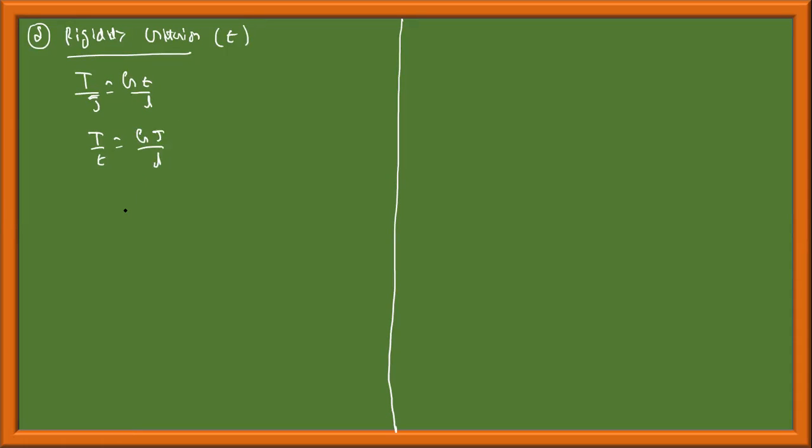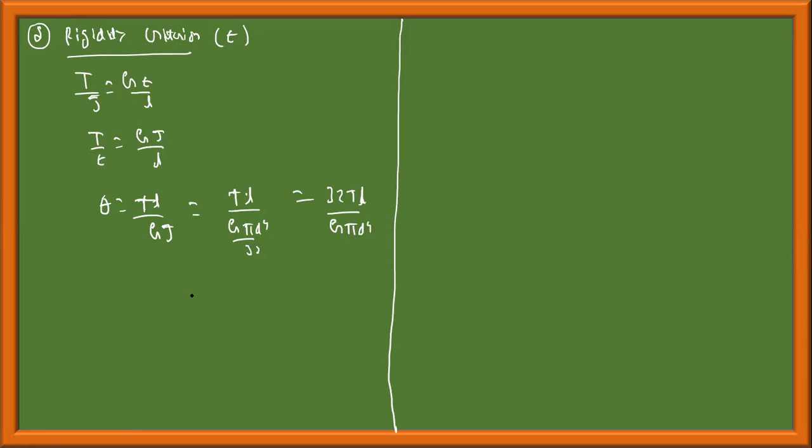Or I can write theta is equal to TL by GJ. This will be equal to TL, G is constant, J is pi d power 4 by 32, so 32 TL by G into pi d power 4.